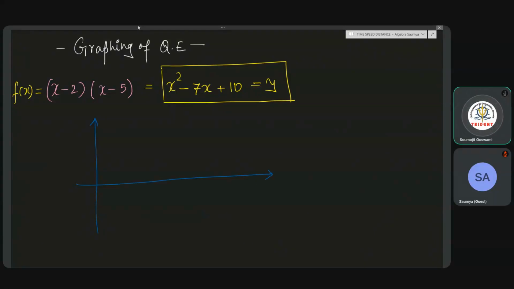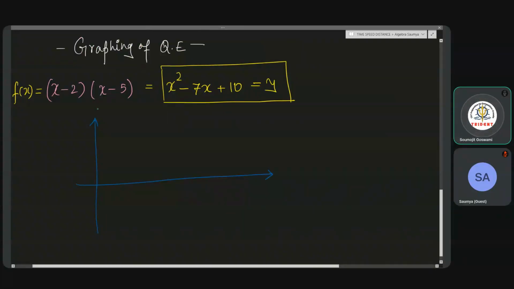Just by the very factors itself, Soumya, you can see there are going to be two critical points in the graph. We have explained why the two critical points: you can substitute 2 into this expression and y will become 0. So these two expressions we will have to understand.